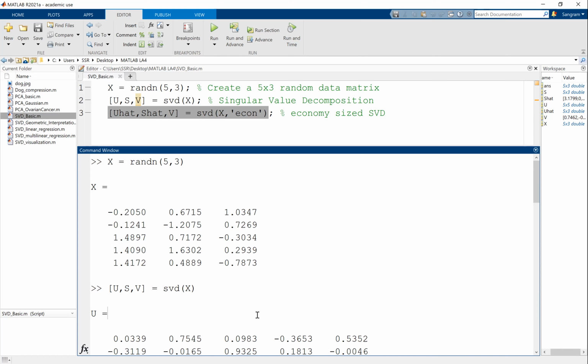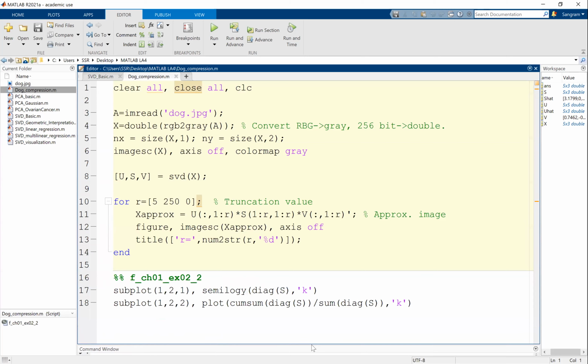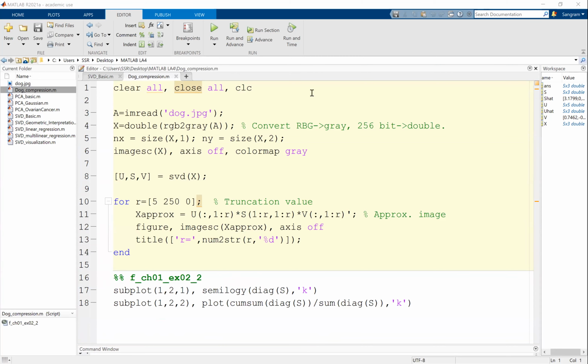Yeah. Okay. Now, I want you to open the second part, which is dog compression. Yes, economy SVD contains all the information of X, even if it has lower dimension. Bear with me for a second. This point will be absolutely clear after this example.